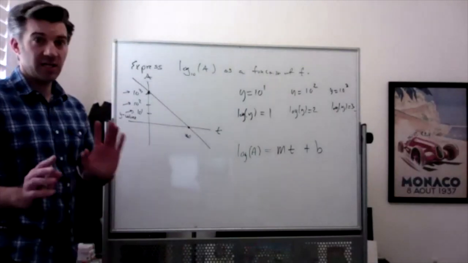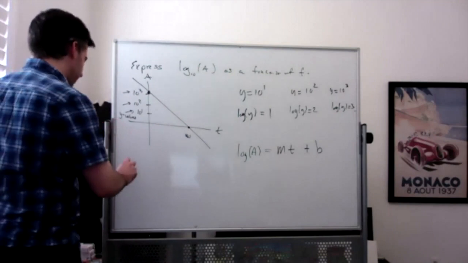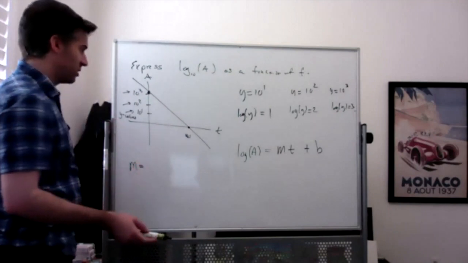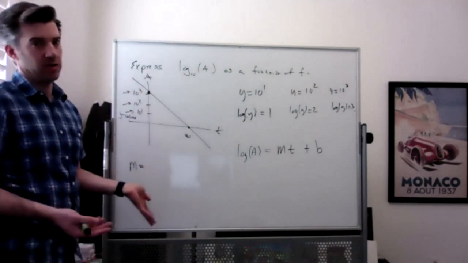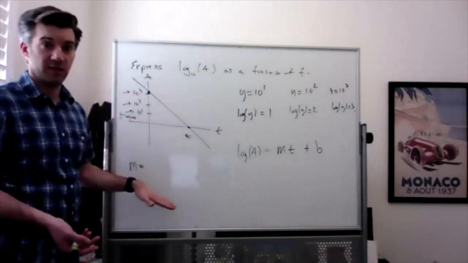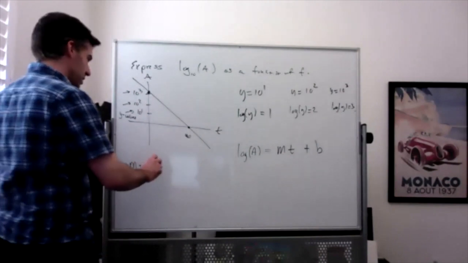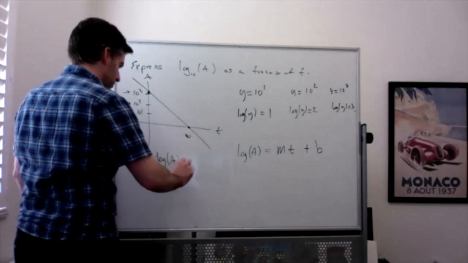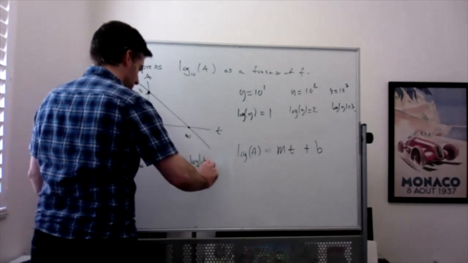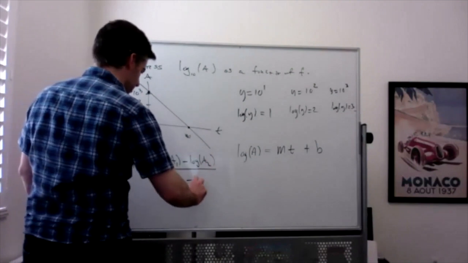Now here's how we find the slope, and this is the part that's probably a little bit tricky. The slope is the difference in the y things over the difference in the x things, or here, the difference in the log of a's over the difference in the t's.